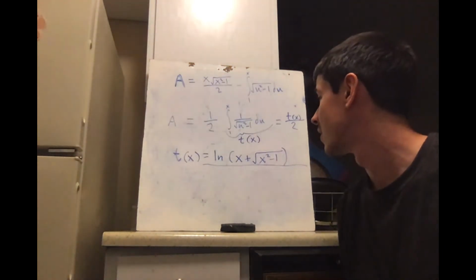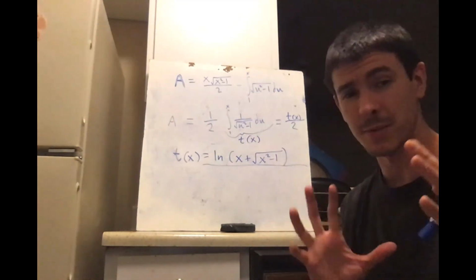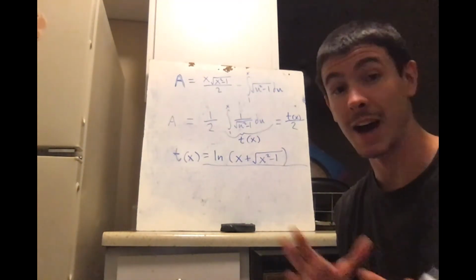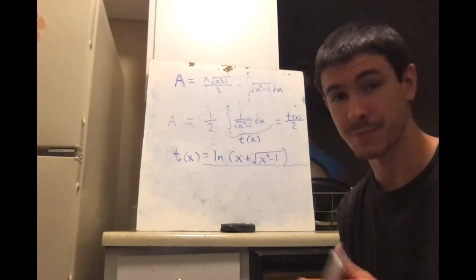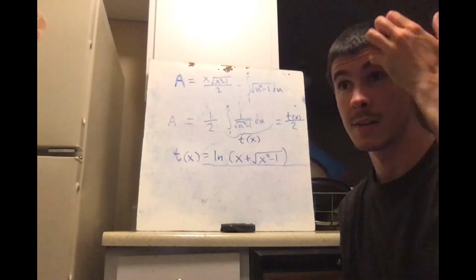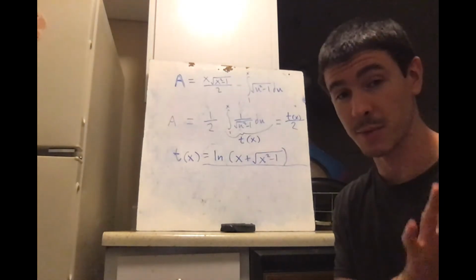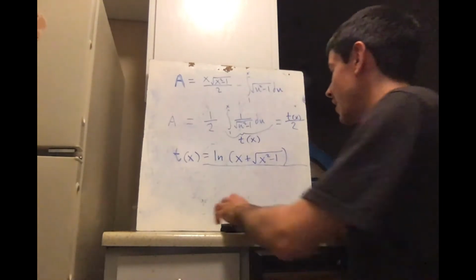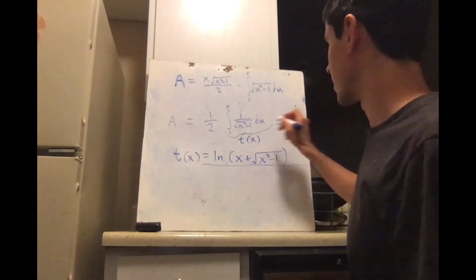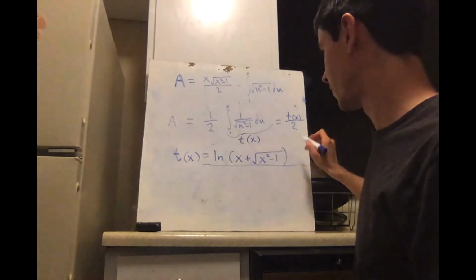But now that we started our journey with area, I'm going to propose to finish the journey with the expression for cosh and sinh, as opposed to sort of the opposite last time. So okay, so a equals t over 2.